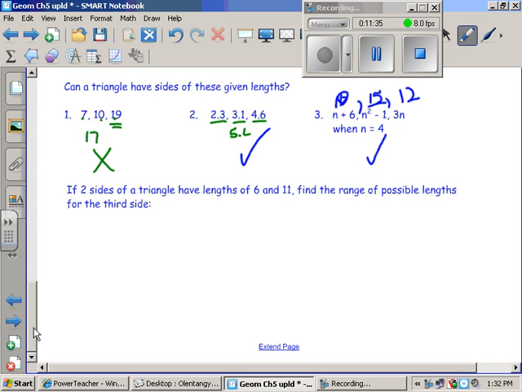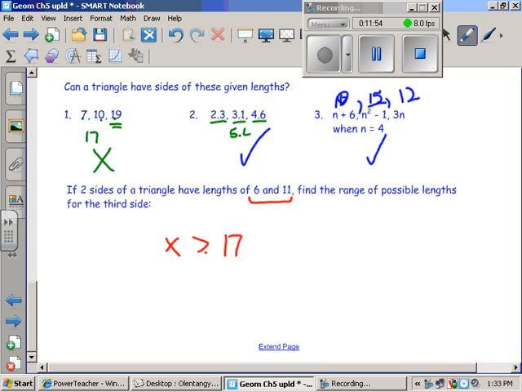Okay? Now, if I want to find the possibilities, if two sides of a triangle have lengths of 6 and 11, the range of possible lengths, well, we know that it has to be smaller than the sum of these two. So it's got to be less than 6 plus 11. So my third side, x, has to be less than 17. Okay?